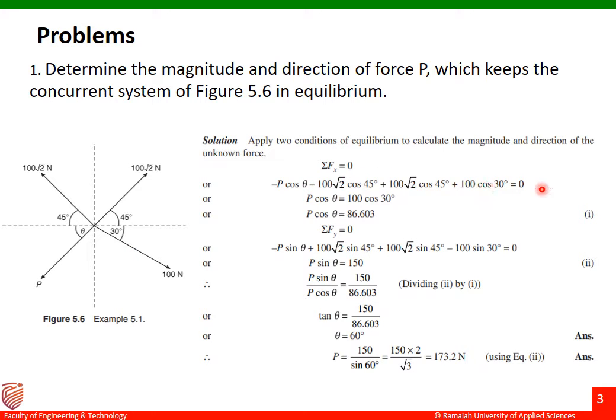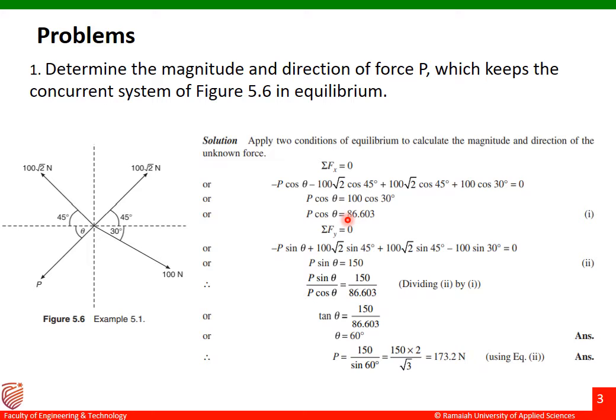So once we simplify this, we are going to get P cos theta is equal to 100 cos 30. So 100 cos 30, once we calculate, we are going to get the answer as 86.603. So this is the algebraic sum of all the forces along the horizontal axis.